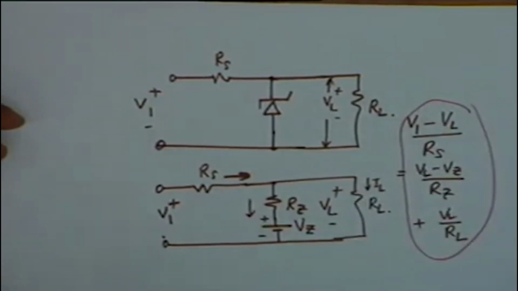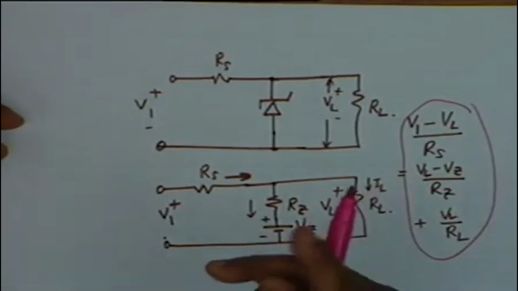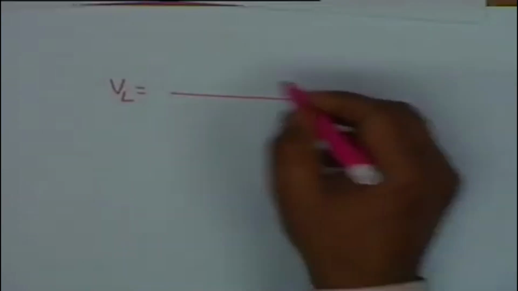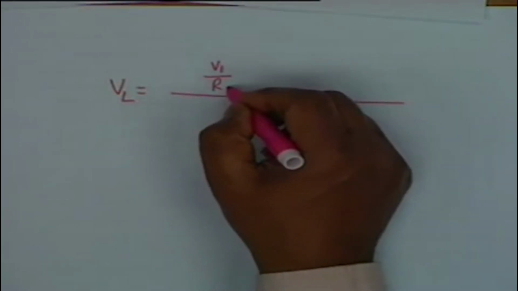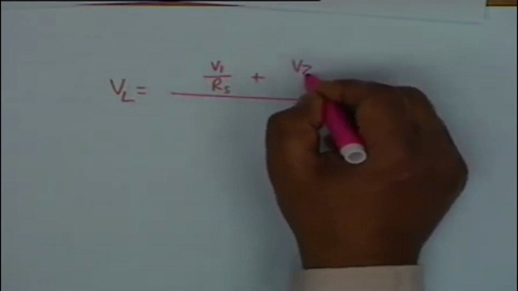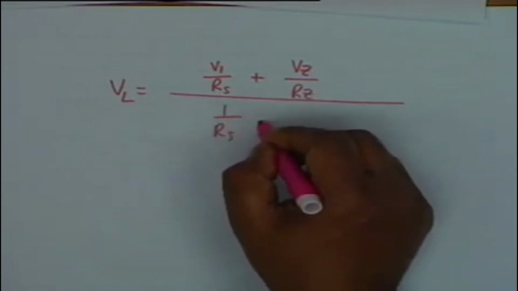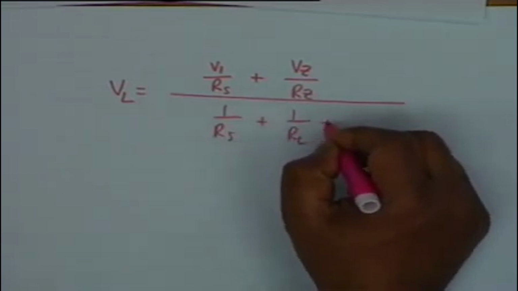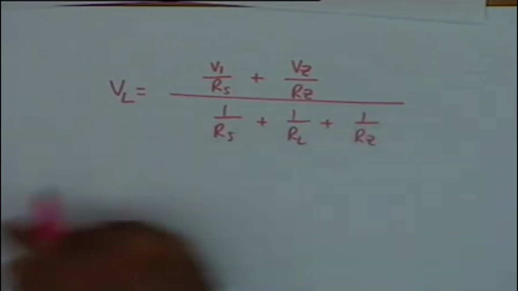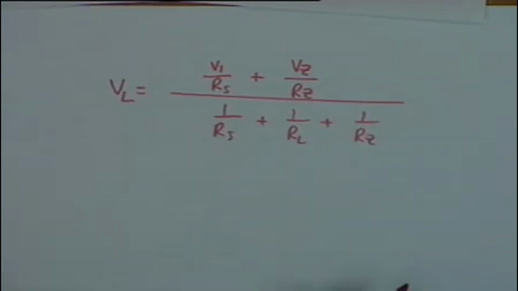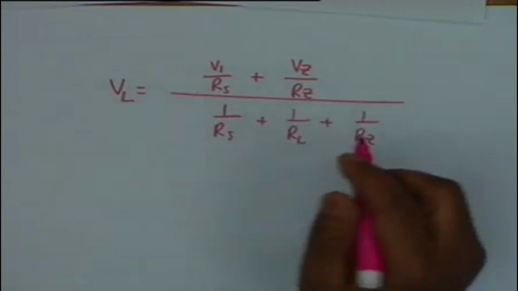If I simplify the equation, now I can find out VL in terms of V1 and VZ, and the relation, I will skip the algebra, the relation I have worked out to be V1 divided by RS plus VZ divided by RZ, divided by 1 over RS plus 1 over RL plus 1 over RZ. Simple algebra you can show. To get an idea, let us take some typical values.